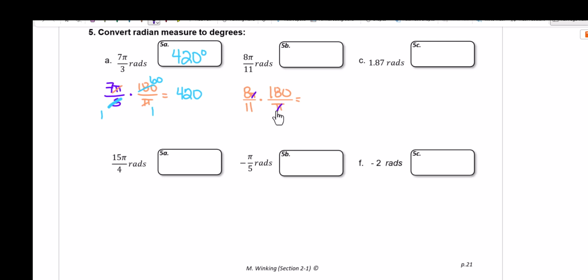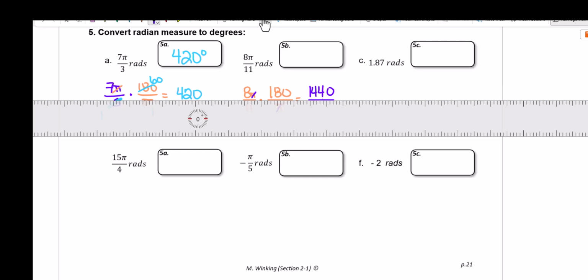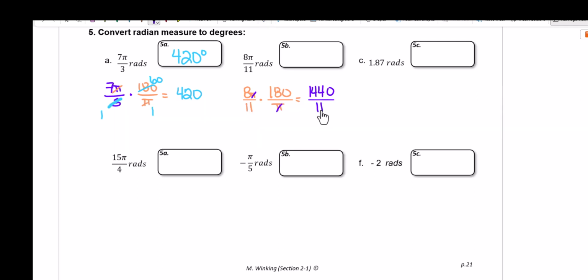That gives me 1440. This is going to be over 11. And that will not reduce. So here as a degree, well, we can make it a decimal. That probably is a little bit easier. So if I said 1440 divided by 11, that gives me 130.9 degrees.